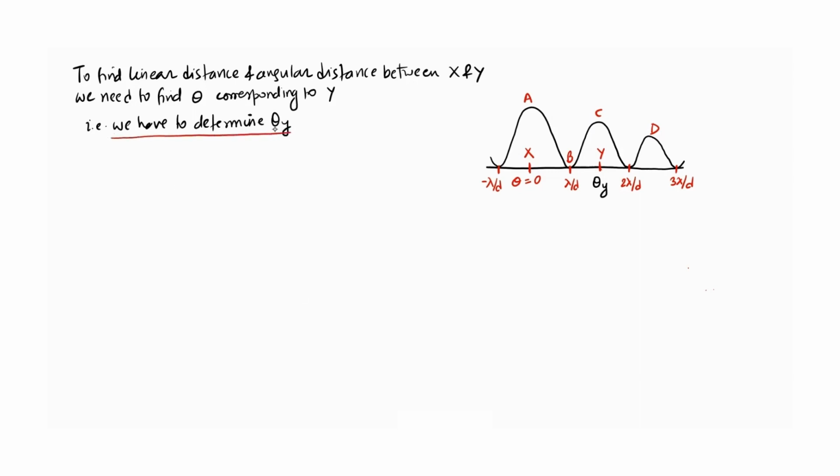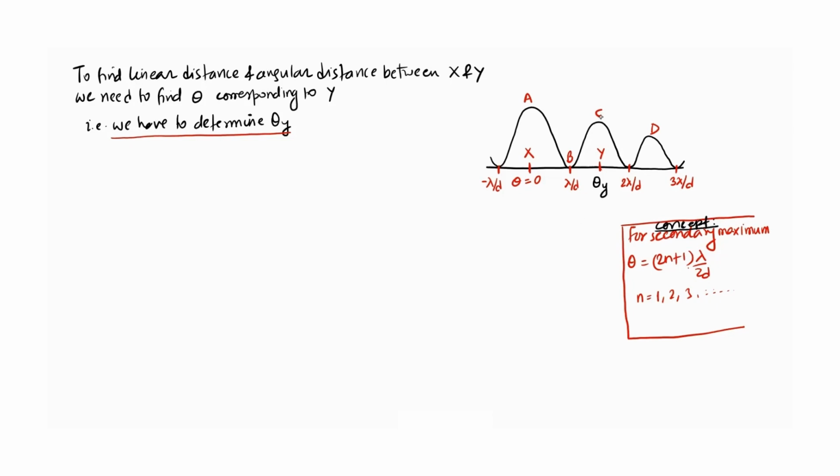Now, in order to determine theta Y, we use this equation, as I said earlier, for secondary maximum: theta equals 2n plus 1 lambda by 2d, and n equals 1, 2, 3, and so on. This is the concept we are going to use.